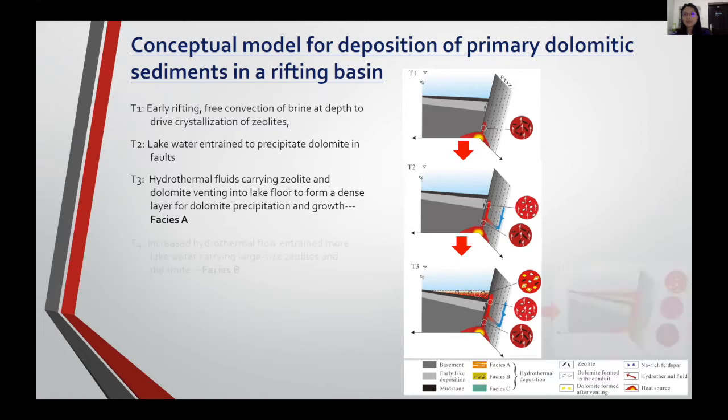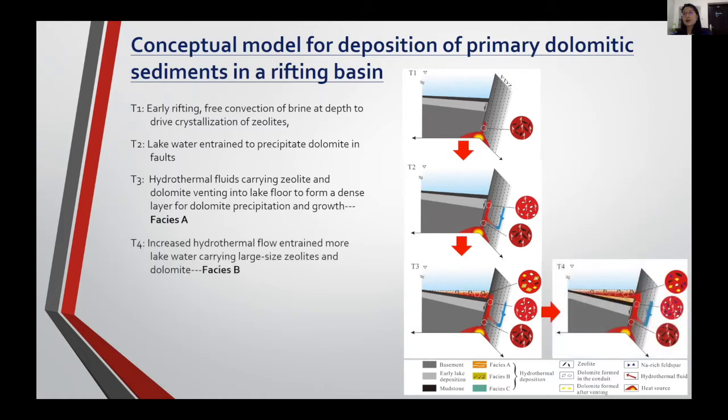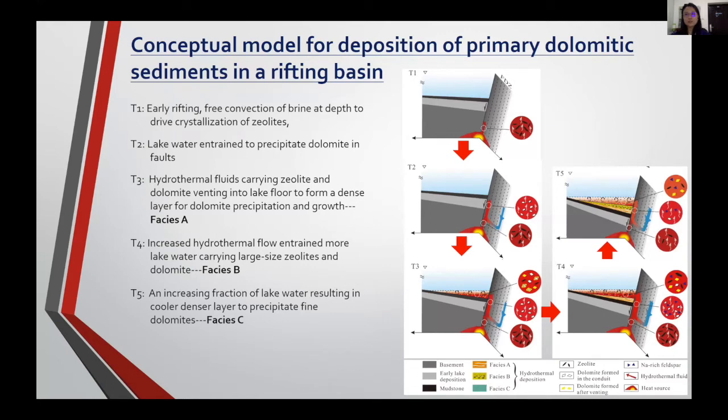As the fault further widens, the velocity of hydrothermal fluids exceeds the threshold for transport of coarse zeolite, discharge of hydrothermal fluids, and transport of crystals into the lake basin leads to further accretion of fine dolomite, forming facies B. The continued discharge of hydrothermal brines reduces pressure within the deep hydrothermal system, but higher temperature ensures continued single-pass convection of lake water through the fault.